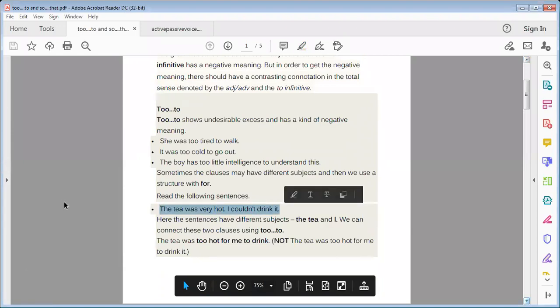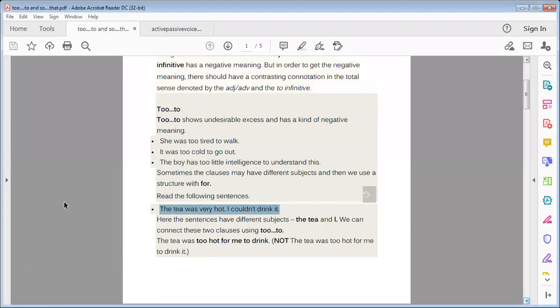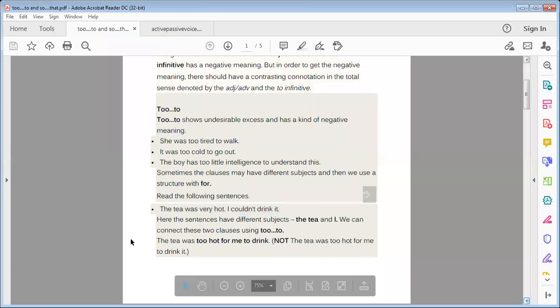But suppose you have two separate subjects like this: the tea was very hot and I couldn't drink it. Now here, what is hot? Tea. And who is not able to drink? I. So I have two separate subjects now. How will we join these? Using for. The tea was too hot for me to drink.